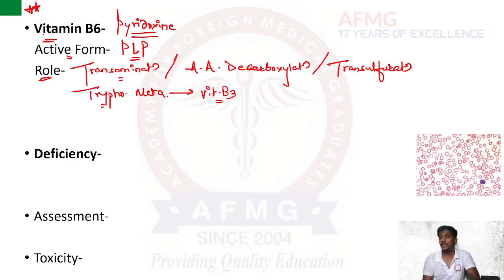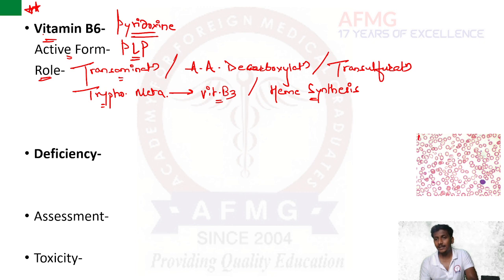Then if I move further, talking about vitamin B6 again, it is also used by the ALA synthase enzyme of heme synthesis. So please remember, vitamin B6 is also used in heme synthesis. Therefore, when there is deficiency of vitamin B6, heme synthesis would be inhibited, and that can lead to a microcytic hypochromic anemia that you can see on the peripheral smear over here.